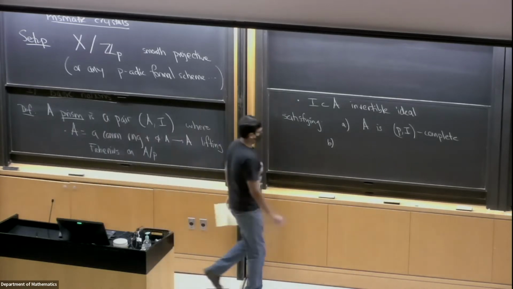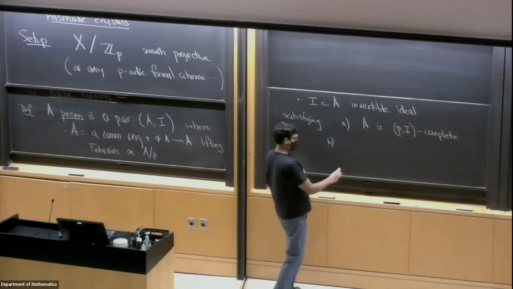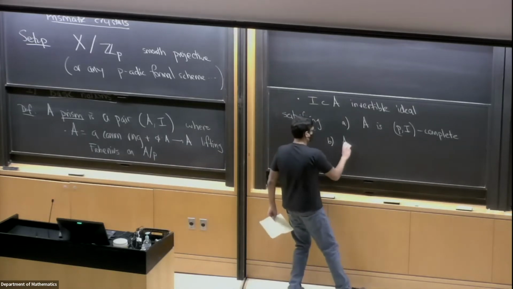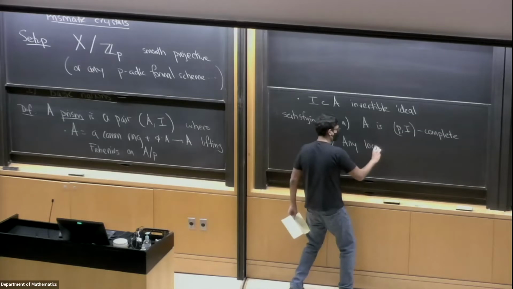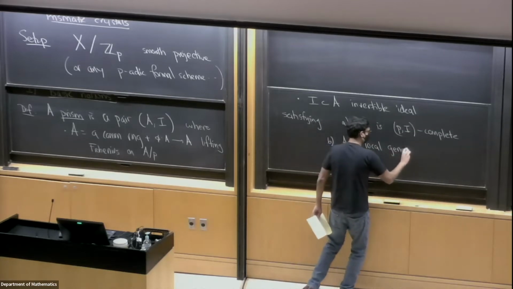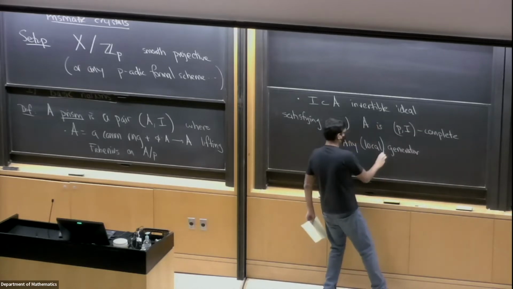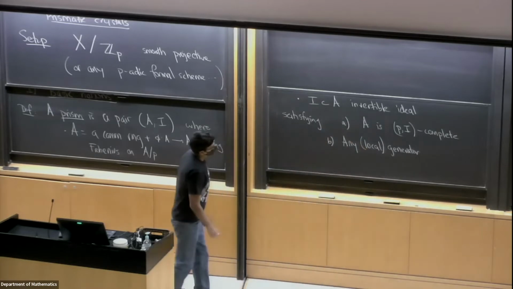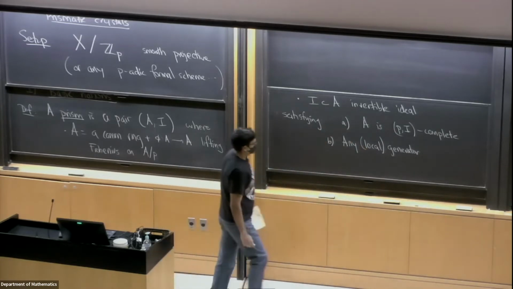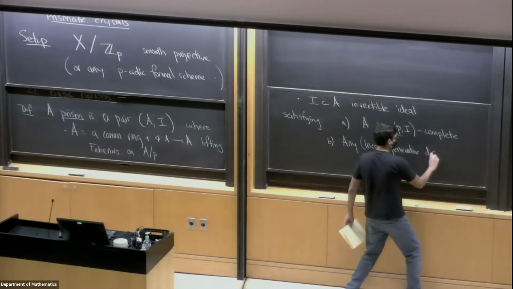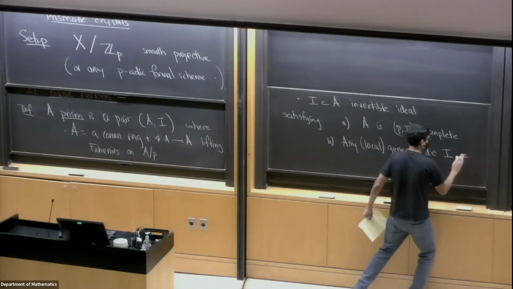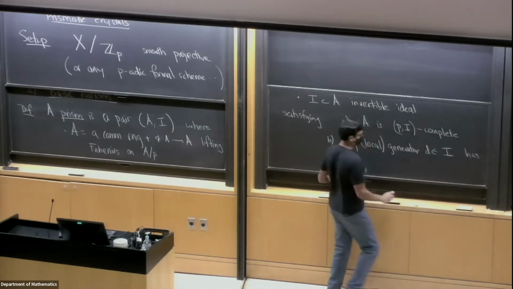And the condition is the following. There are various ways to state it. I'll state the easiest one to understand. So any local generator of the ideal, local because I only demand it to be invertible rather than free. So any local generator d inside of I satisfies the following property.